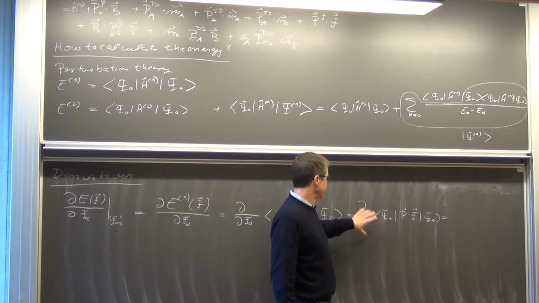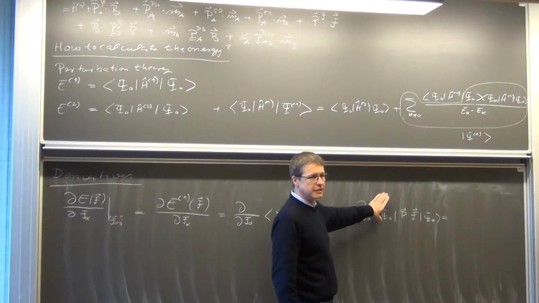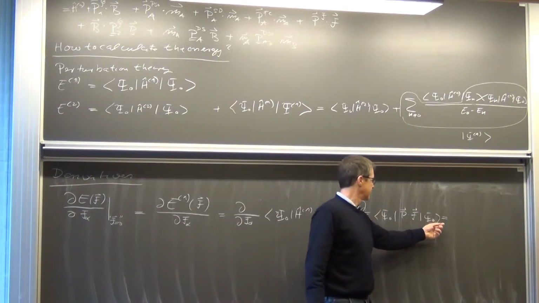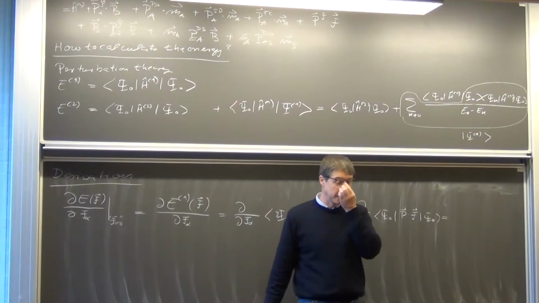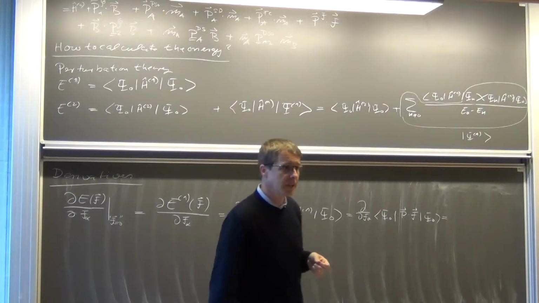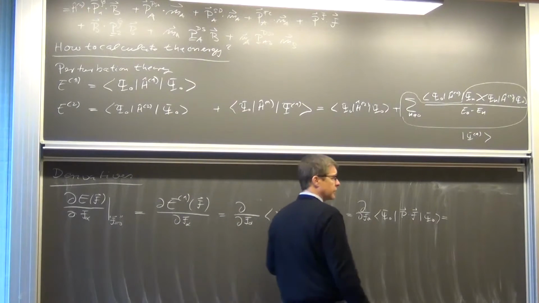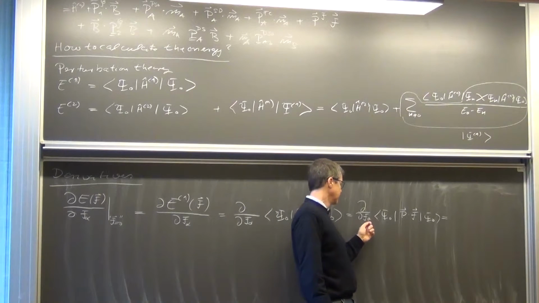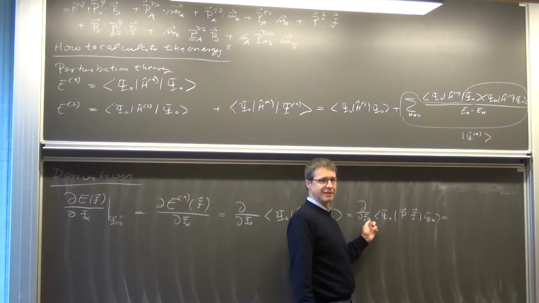the first thing I have to do is move it into the integral. Otherwise I can't do anything. But that integral is an integral over electronic coordinates, the 3n electronic coordinates plus the n spin coordinates of the electrons. This is a derivative with respect to a field, which means a completely different variable.